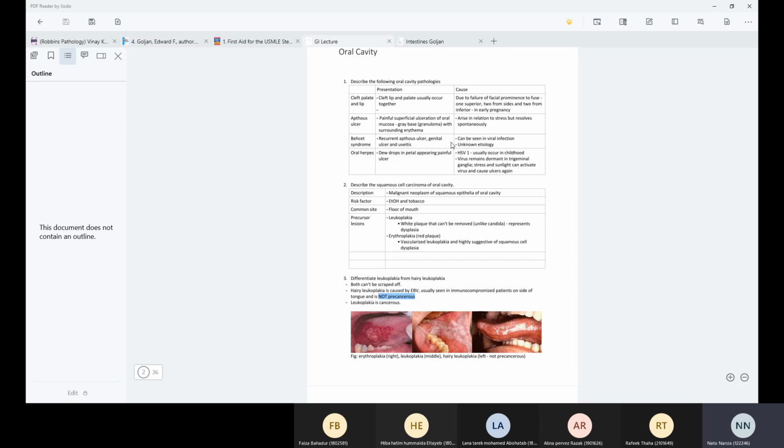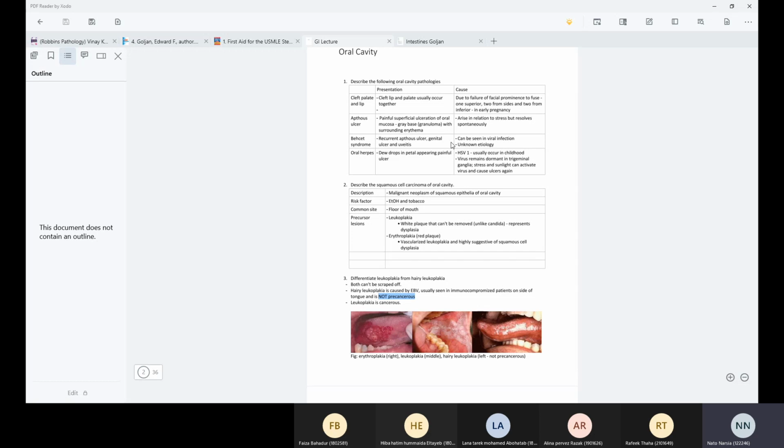If you have this triad, then it is Behçet syndrome, and usually it is related to vasculitis. We have such an autoimmune condition, small vessel vasculitis, that causes Behçet syndrome. Usually we don't know the etiology, but it most likely is related to viral infection. Behçet syndrome is actually a complication of viral infection.